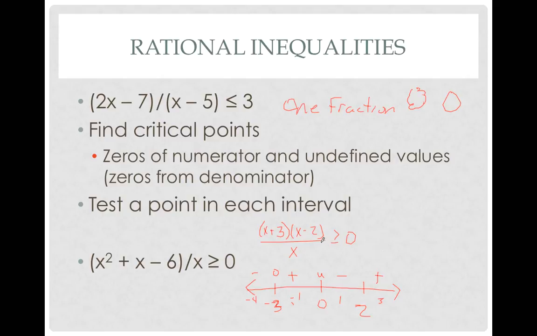And if I want to find where it is greater than or equal to 0, we just use these things. So from negative 3 inclusive to 0, it's positive. And from 2 to infinity, it's also positive.